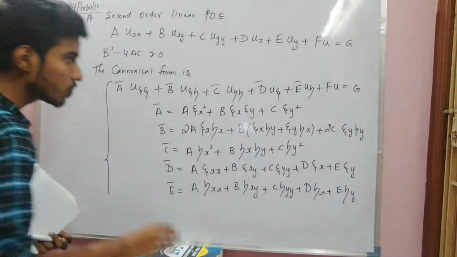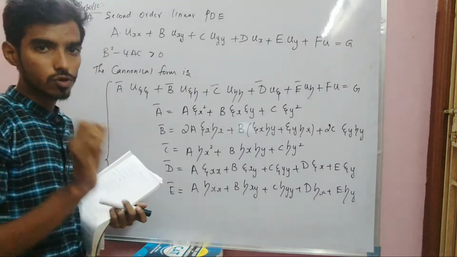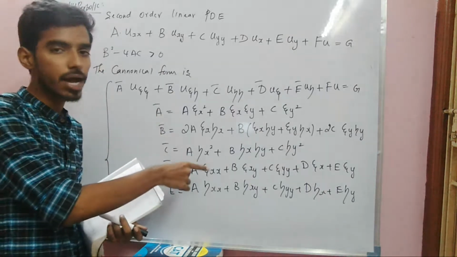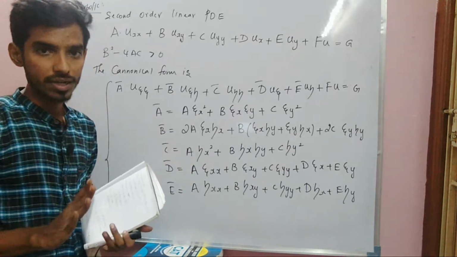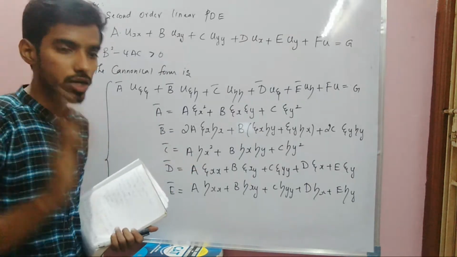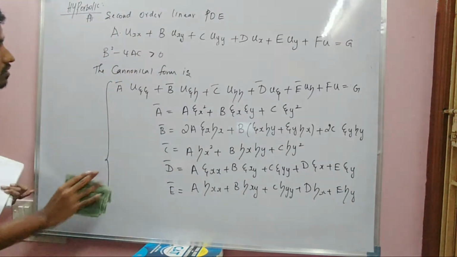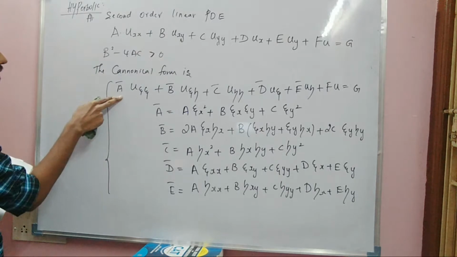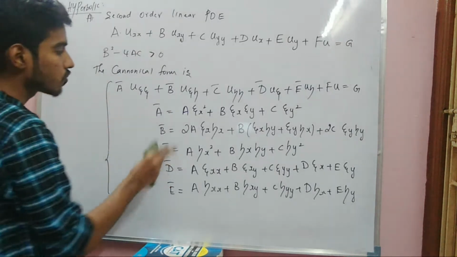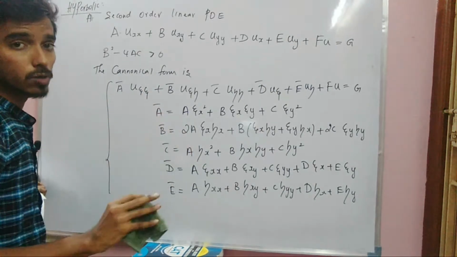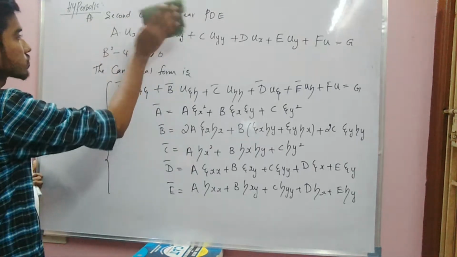So first I will give the procedure for finding theta and eta for hyperbolic. First we will discuss that and then move on to parabolic and elliptic. So this is the general second order PDE, the canonical form, and then the 5 formulas. So first we are going to see hyperbolic, how to find theta and eta.